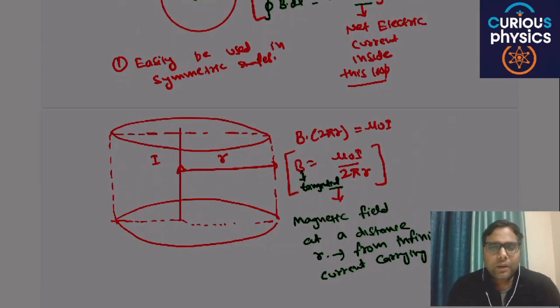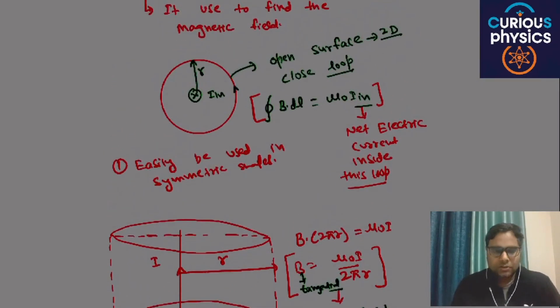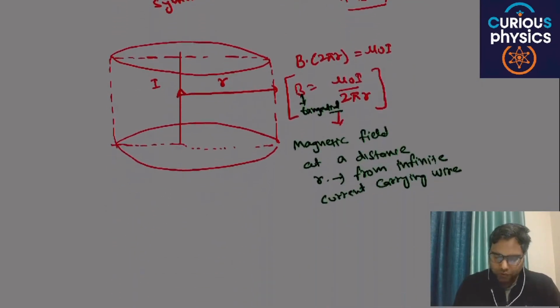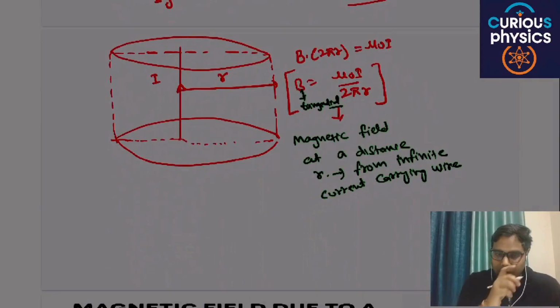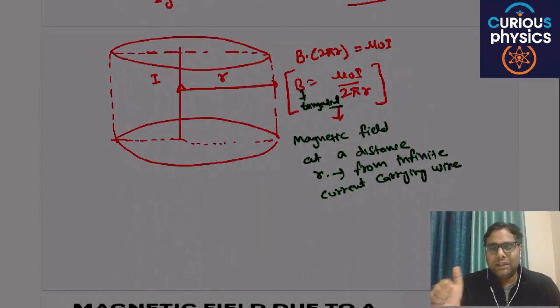Okay, are you getting my point or not? So if you want to find the magnetic field here, the field will be like this. So in Ampere's law, how to find the direction of magnetic field? Put your thumb in the direction of current and curl your fingers.